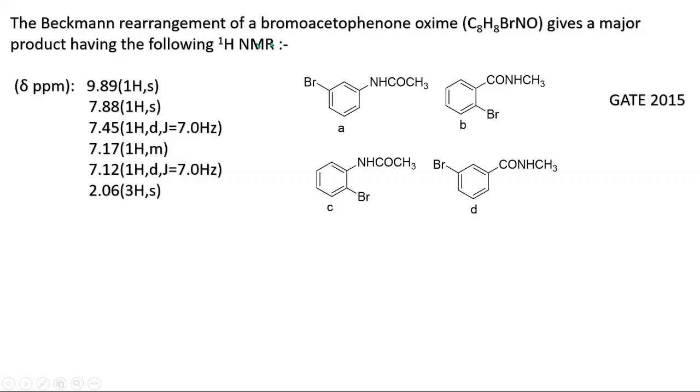We will apply this to the first molecule. This will have a singlet, this will have a doublet, that is ortho coupling 7 Hz, and this will also have a doublet, 7 Hz, and this will have a multiplet, that is a doublet of doublet. So this applies for these 4 values.